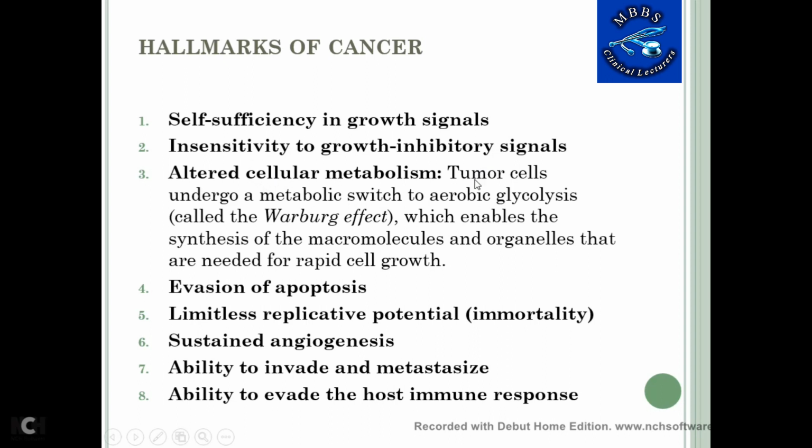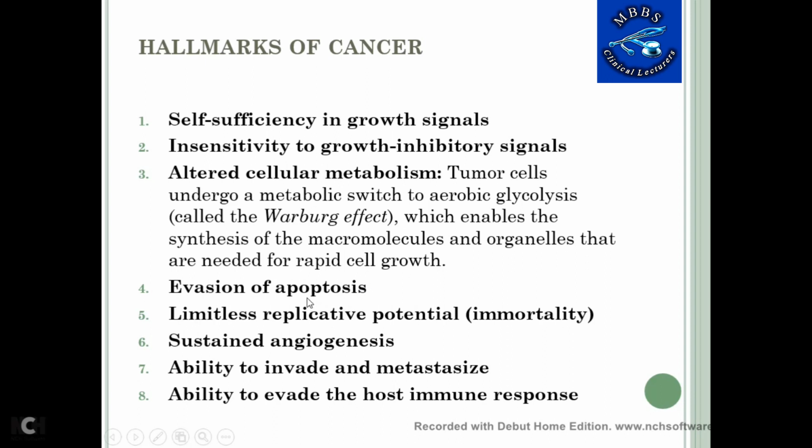Third point is altered cellular metabolism. What happens is that the tumor cells or the cancer cells switch to aerobic glycolysis. This is known as the Warburg effect. And aerobic glycolysis actually helps them to synthesize their own macromolecules like protein and carbohydrates. So all the nutrition that is provided is used for rapid cell growth.